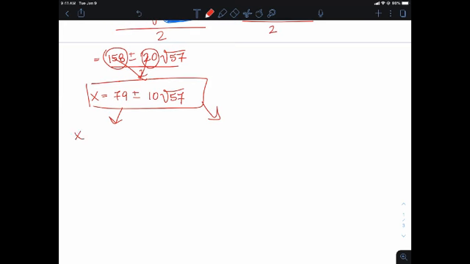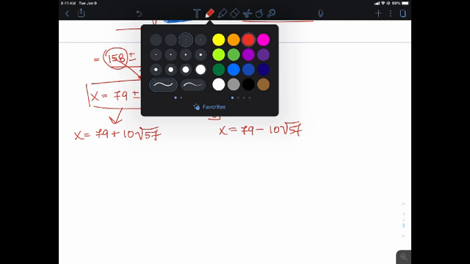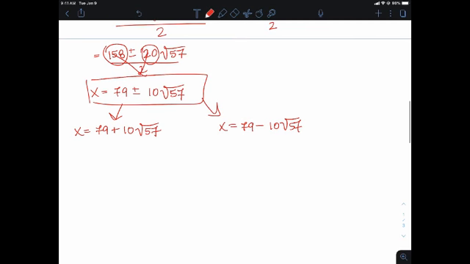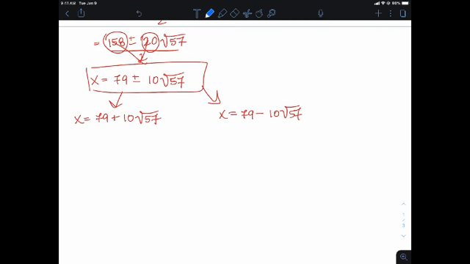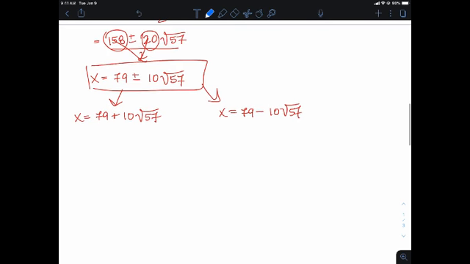We have one solution that says x is equal to 79 plus 10 times the square root of 57, and a second solution that says x is equal to 79 subtract 10 times the square root of 57. My suggestion to you would be to turn these both into number values with our calculator that we're then going to store, so we can use the stored values to check back in the original equation.